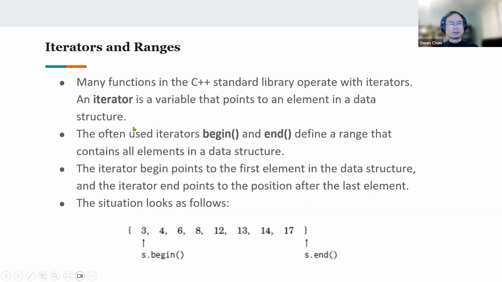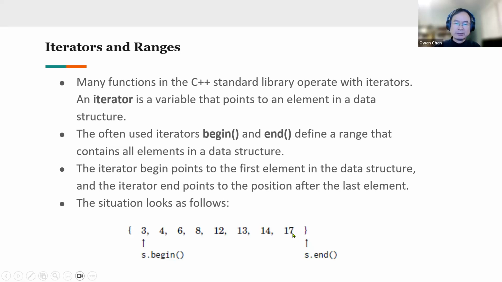And for those common data structures, there are some common methods that we can use. You've already seen how to use the iterator and the range to go through the elements, right? You can use begin and end to get the first element and then the last element. Remember, the last element is the ending.